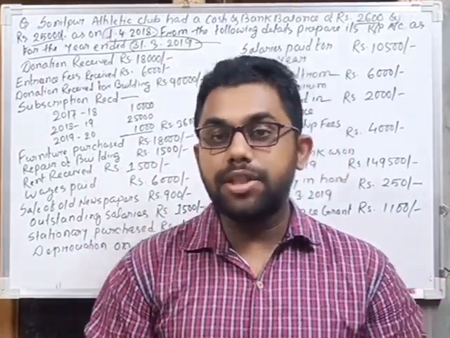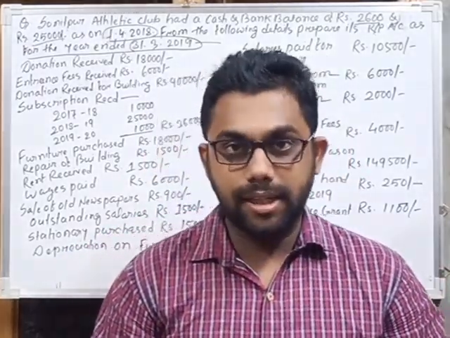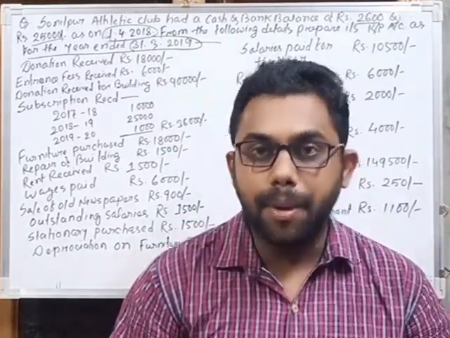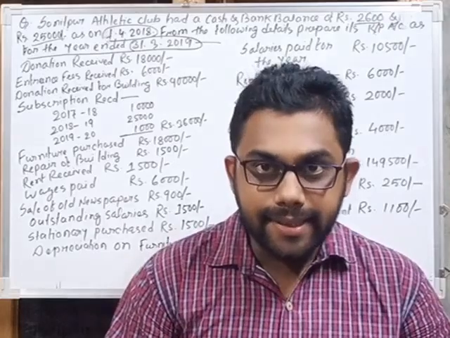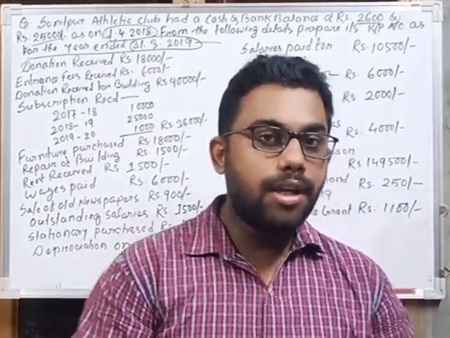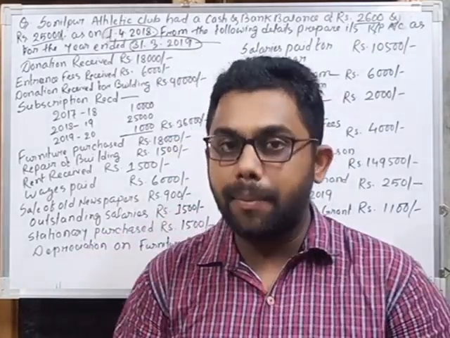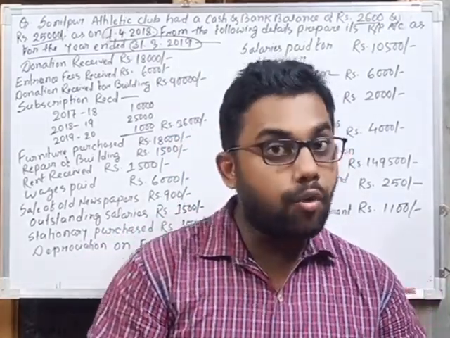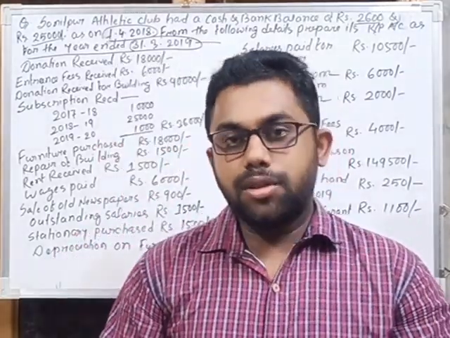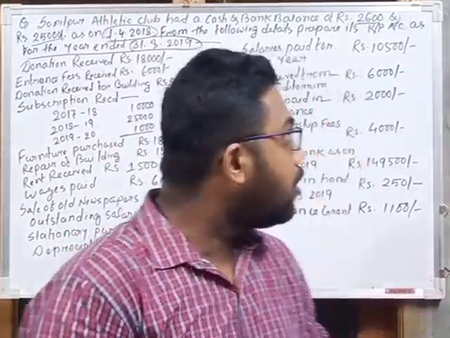So for next year's final exam, 2021, receipts and payment account is very important. Today we are going to revise one important question from receipts and payment account, and the question is written on the board. Let's start our solution.